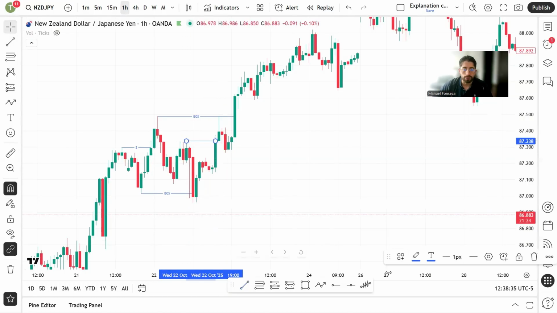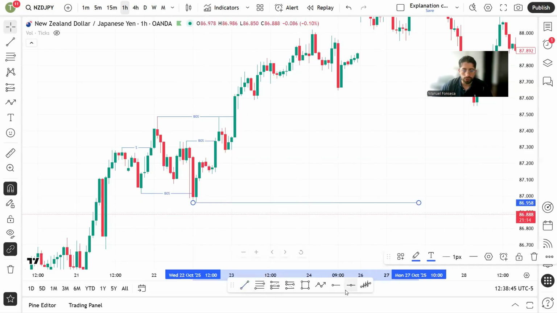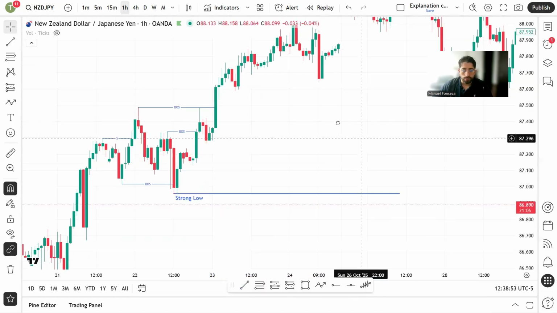This will be the original BOS, original break of structure. After we have this liquidity taken and then a BOS, this will be considered our new strong low. And this is how we keep updating our strong lows.